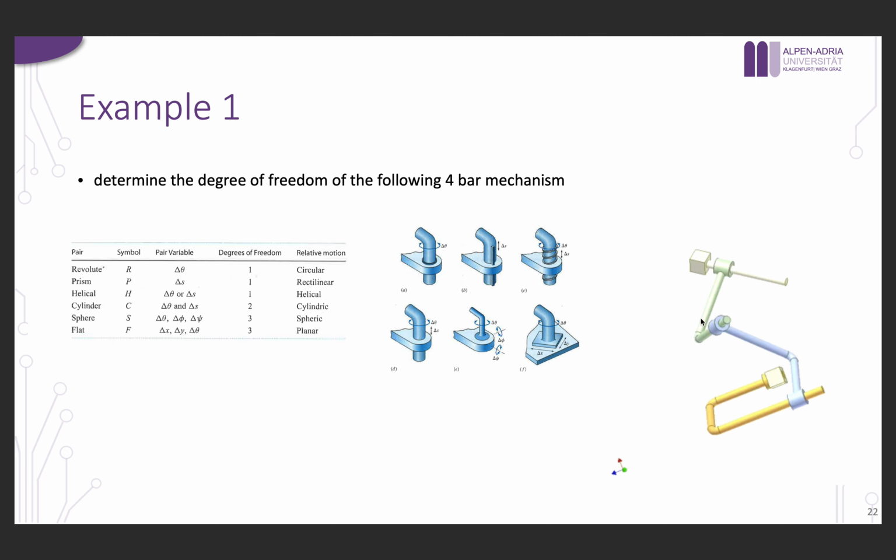So basically we have different cylinders here, 1 cylinder, 2 cylinders, 3 cylinders, and these 3 cylinders have 2 degrees of freedom, which are rotational and translational. We have 1 rotational only, or revolute, and the rest are cylinders.